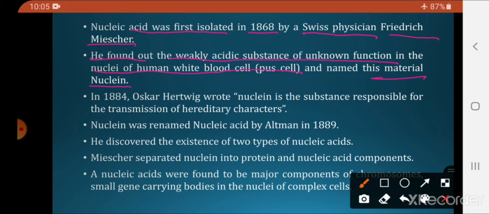He found some weakly acidic substance in the nucleus of the human blood cell or pus cell. He didn't know the function of that particular acidic substance, but he found that yes, it was an acidic substance, and he gave the name nuclein to that acidic substance found in the nuclei of the human white blood cells.